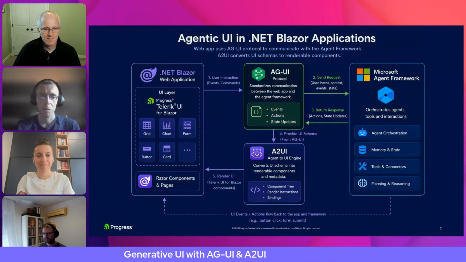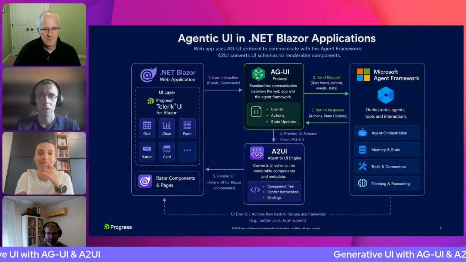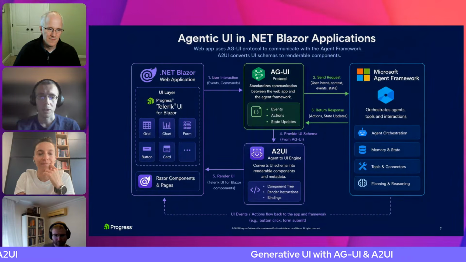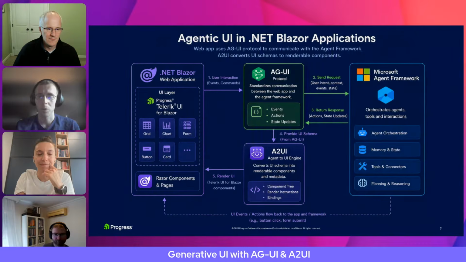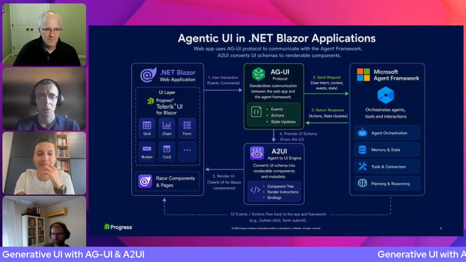So it gives you various things like events. You can use some state management. You can control the memory. There are all kinds of nice things that you don't need to worry about.